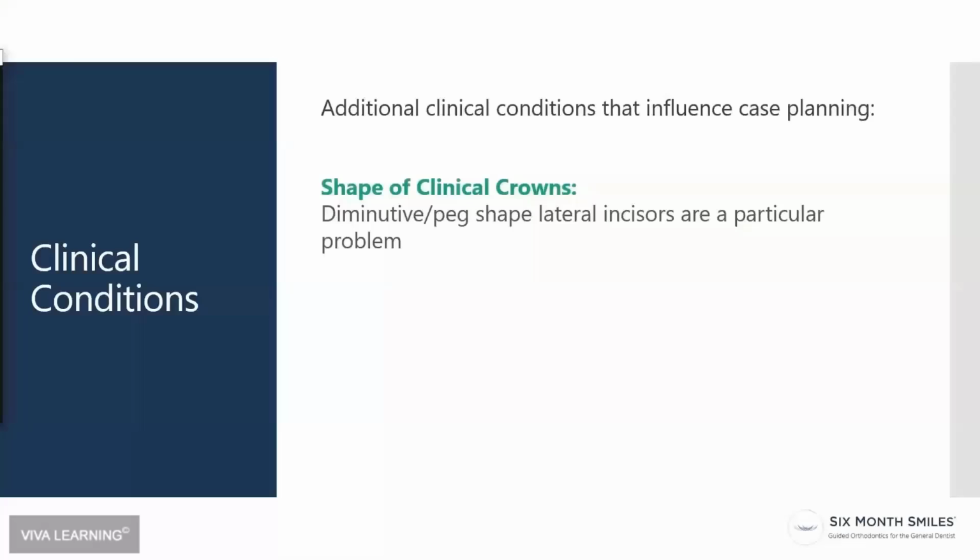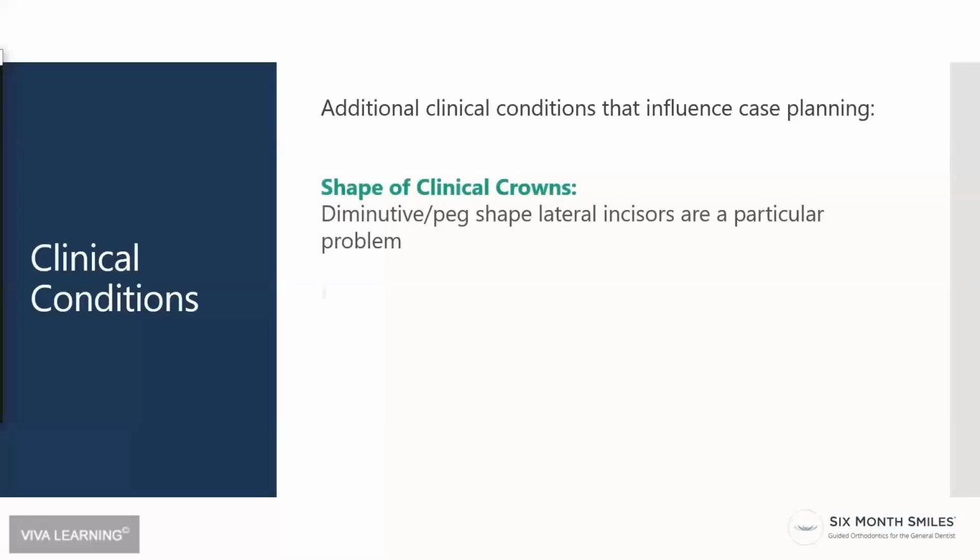So the way we will be able to control the movement of a root, because obviously we move crowns and roots in orthodontics, will be the shape and the size of the crown. So if we have peg-shaped laterals or very small incisors or small teeth, we will need to consider this when planning the case. We need to make reservations or modifications to our plan when we have this, because it's a factor that is against our predictability.